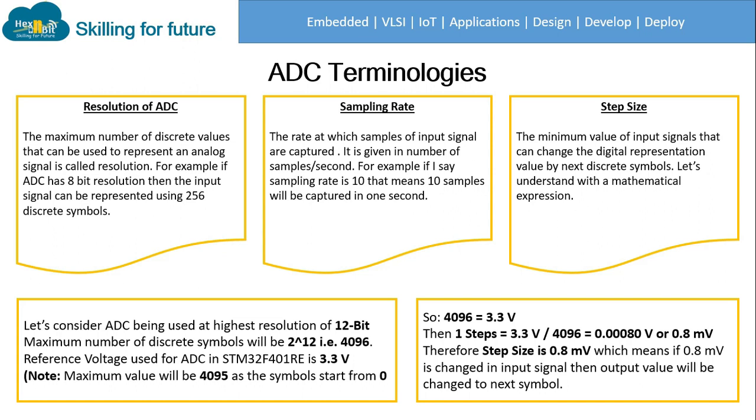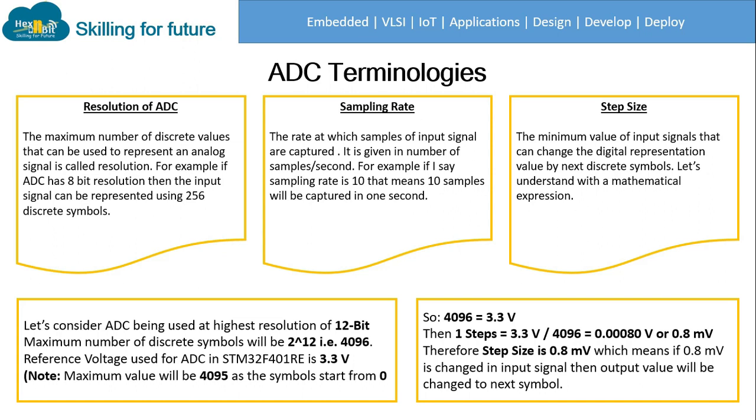Then a single step or a single sample is equal to 3.3 volt divided by the maximum number of discrete symbols, that is 4096. It will give you 0.00080 volt or 0.8 millivolt. Therefore, the step size will be 0.8 millivolt, which means if 0.8 millivolt is the change in input signal, then the output value will change to the next symbol.